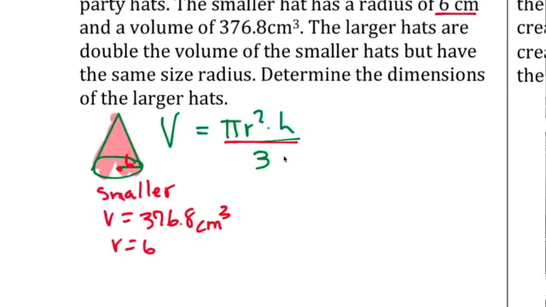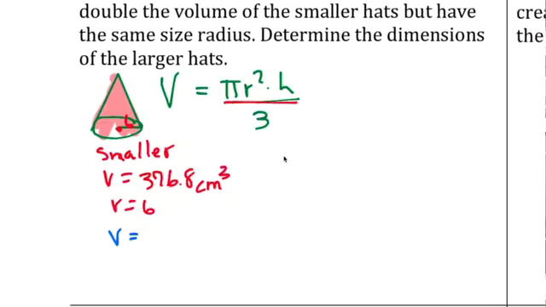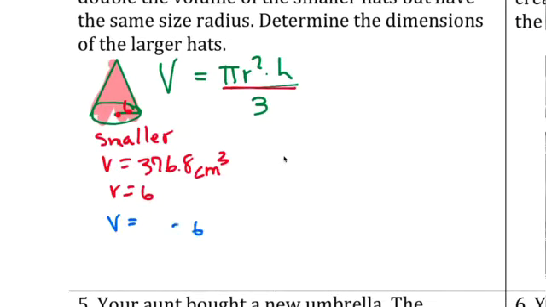The larger hat has double the volume, so if we double the volume, which is then 16 carry 1, 13 carry 1, 15 carry the 1, that's 7.